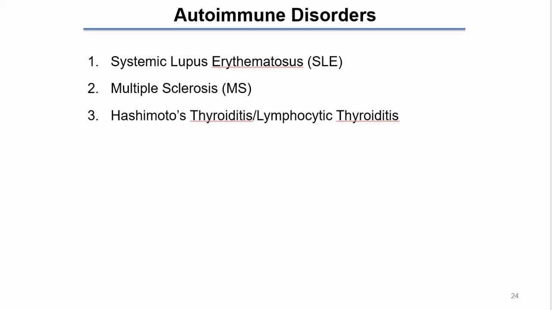I've posted specific videos on each of these. They're posted from a different course, a pathology course that I've taught. So don't worry that it says massage therapy on the slides. It doesn't matter. It's still lupus. It's still MS. So please look at that stuff.